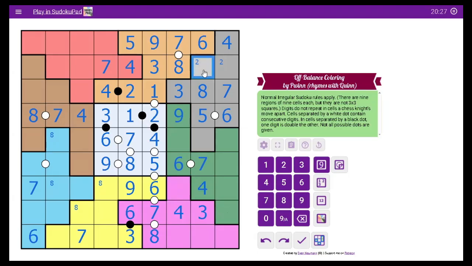This needs a 1, a 2, and a 9. This cannot be a 1 or a 9, so it is a 2, which gives you a very interesting 1, 9 pair here. Don't normally see these two being a 1, 9 pair, but in this irregular setup, it's very possible. So now this cell is also 1, 9.